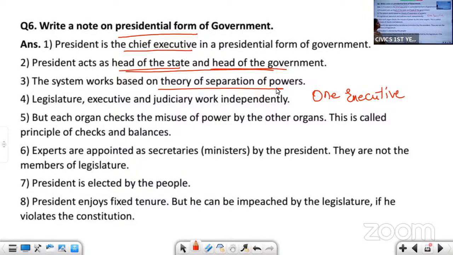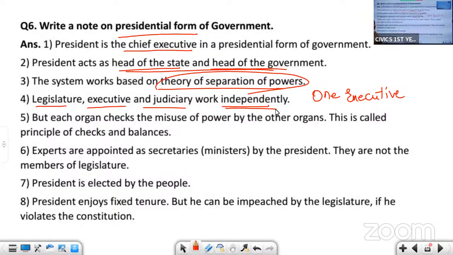It will stop the other organs from misusing its powers. So, in the presidential form of government, there is the theory of separation of powers. That means legislature, executive and judiciary work independently.